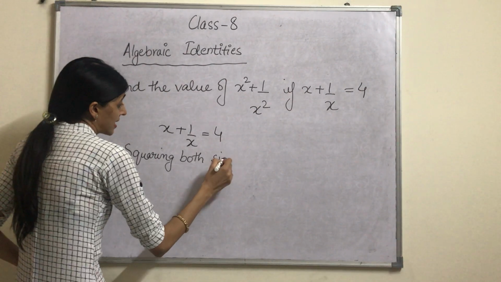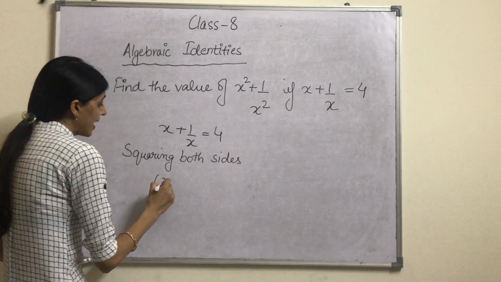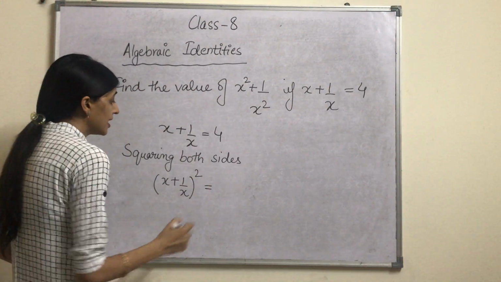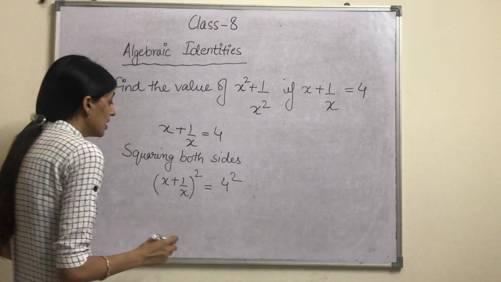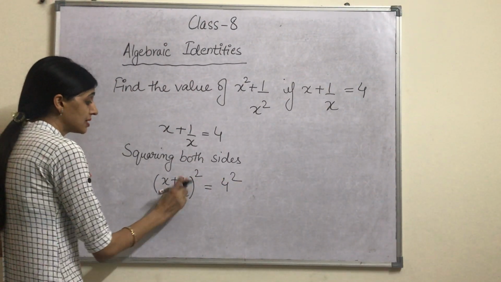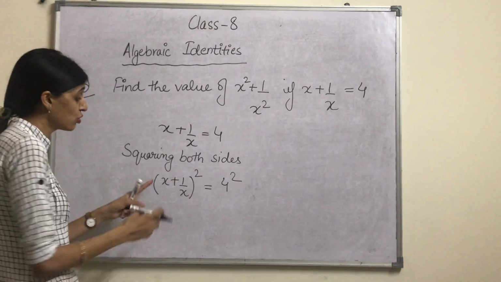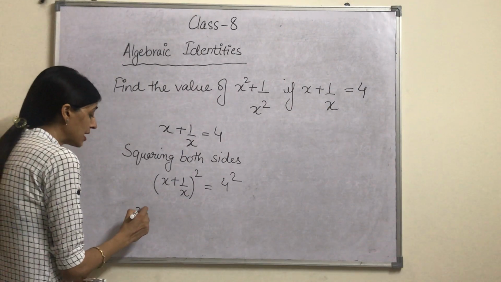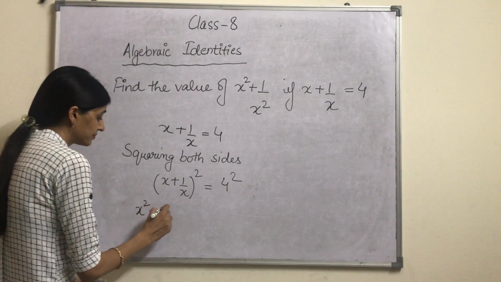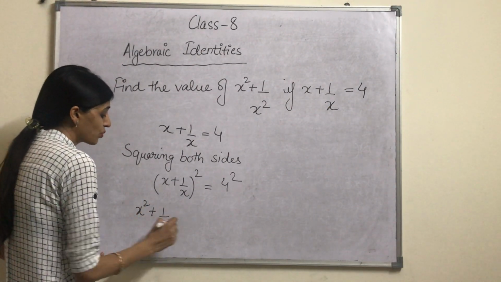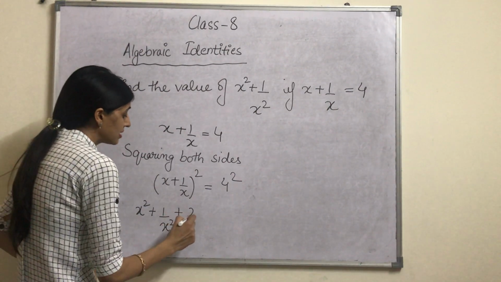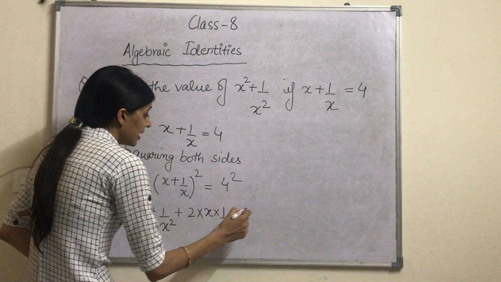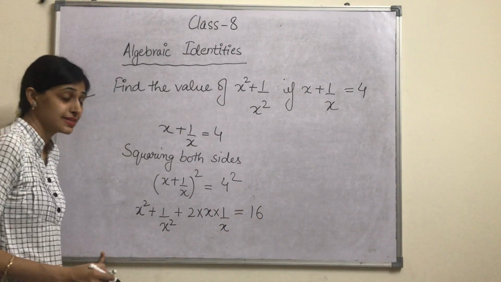Squaring both sides. So, (x plus 1 by x) whole square is equal to 4 square. This is (a plus b) whole square. This whole is your a and this is your b. So this becomes a square plus b square plus 2 multiply a multiply b is equal to 16.